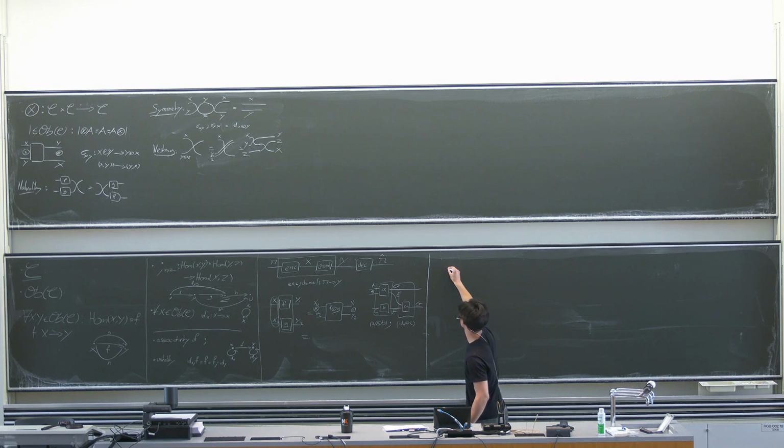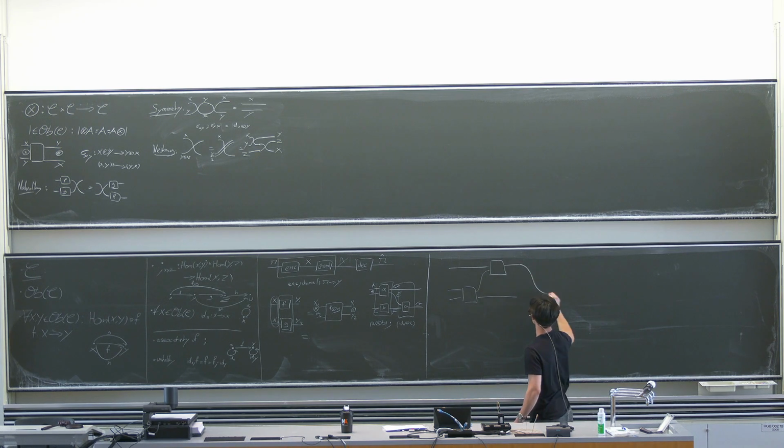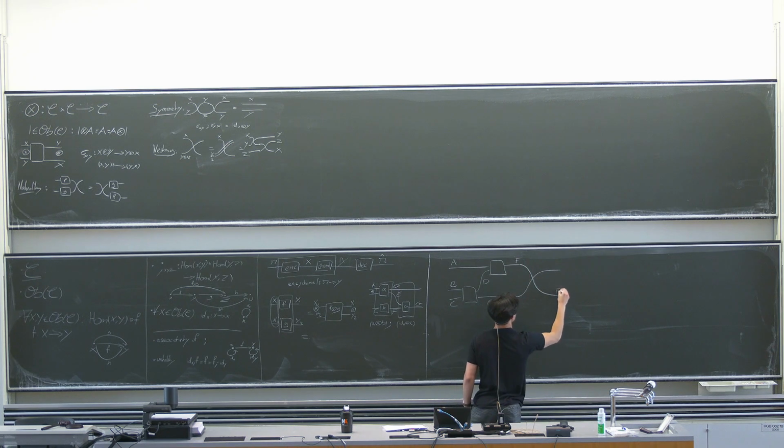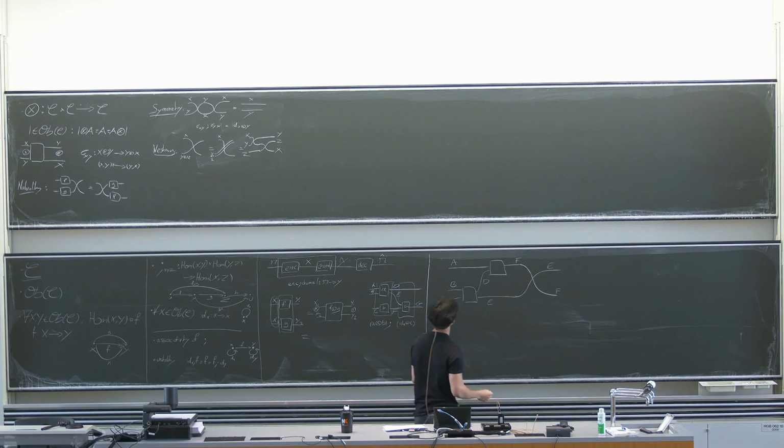We have something right here. We have a morphism right underneath, taking two objects, feed this wire here, and then we braid these two. So if we get A, B, C, let's write D, E, F, then here we get F, E. Is that right?